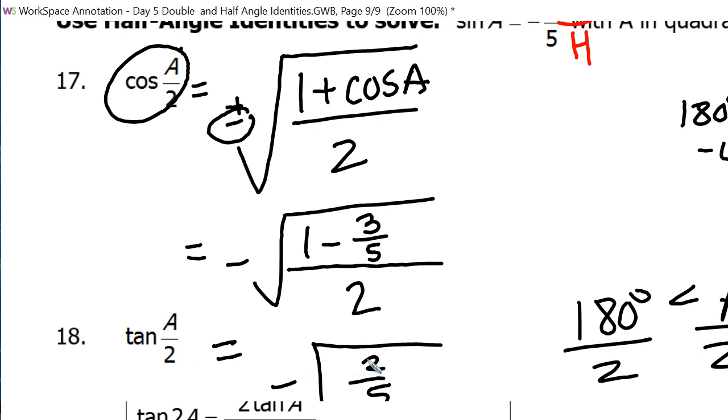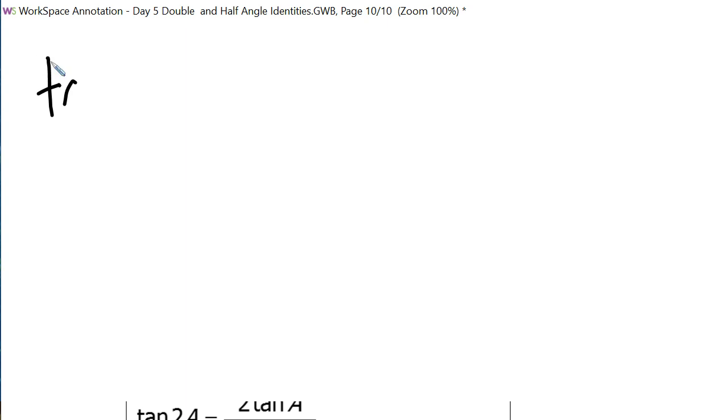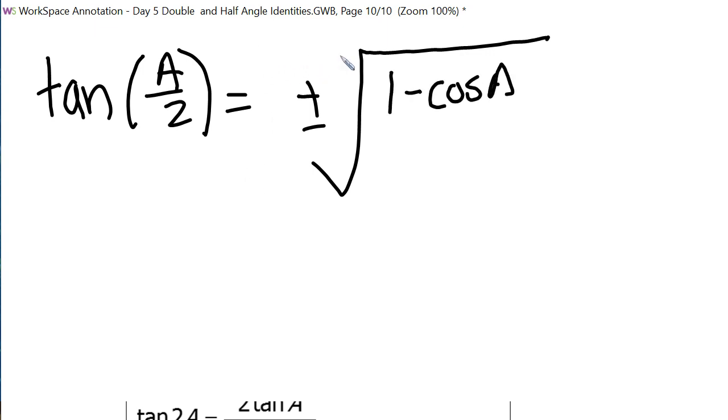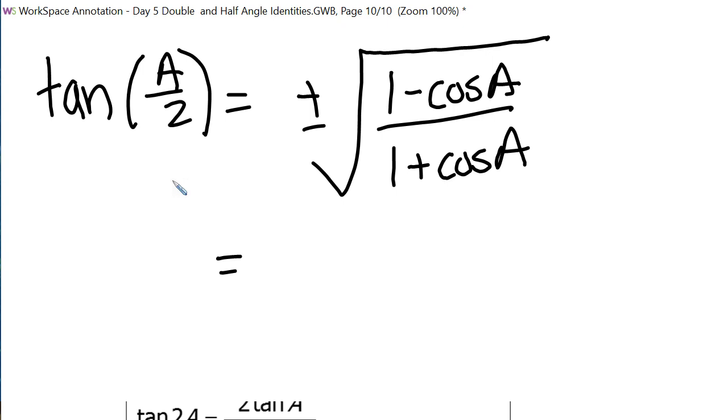And the last one, we want the tangent of A over 2. The tangent of half of A. And that formula is going to be plus or minus the square root of 1 minus cosine A over 1 plus cosine A. Now we have to decide whether it should be positive or negative.